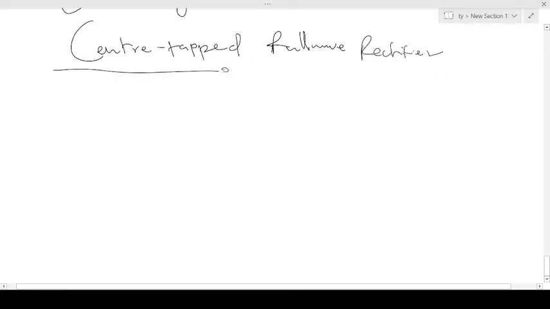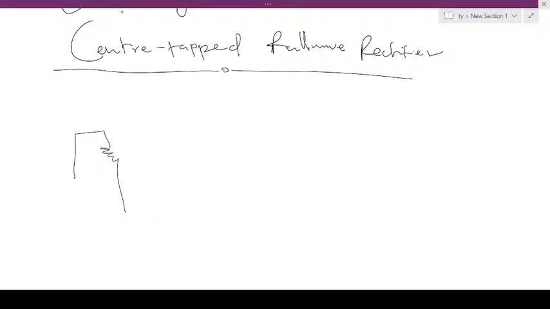Now the center tapped rectifier. There'll be a diagram drawn, and that's what we'll use to further explain the center tapped full wave rectifier.